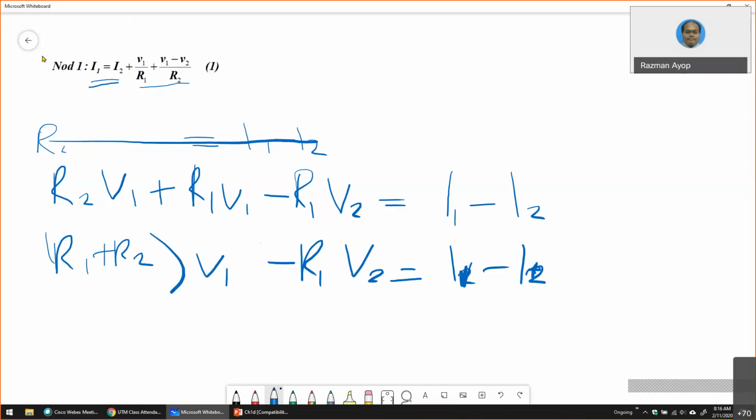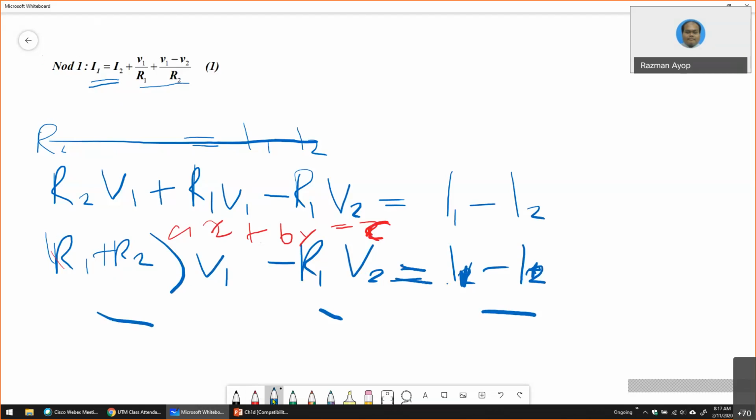The standard form is AX plus BY equal to C. So R1 plus R2 is a constant, usually given, and I1 and I2 are also given. So you can just insert these values into your calculator. Make sure that the constant is after the equals to.